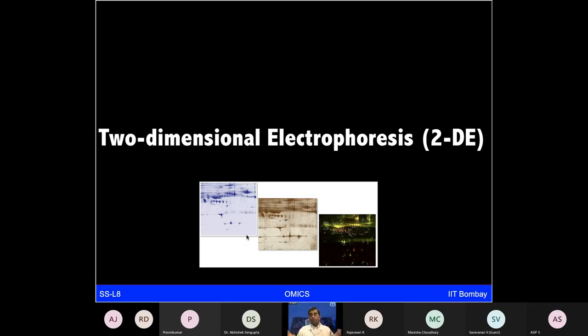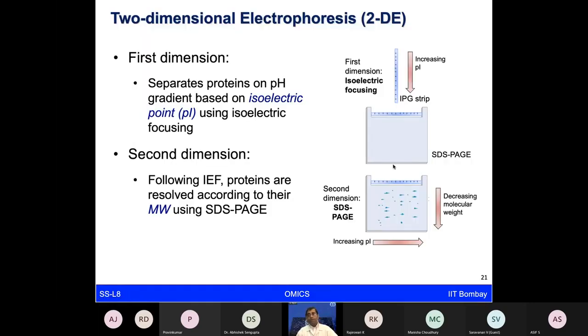But to really resolve the proteins well, scientists also use an electrophoretic method known as two-dimensional electrophoresis or 2DE. Here, the first dimension separation of the entire complex proteome, all the proteins, is based on the pH gradient, because given the side chains of the amino acids of the proteins, they will have different isoelectric points, and that can be used to separate them in isoelectric focusing, the IEF, which separates proteins in the first dimension.